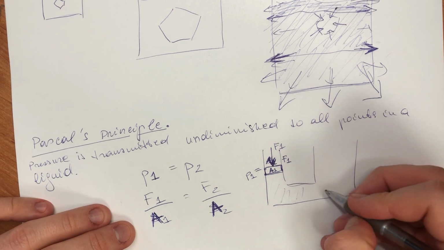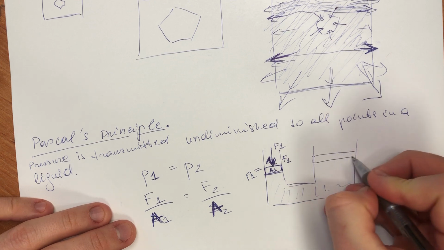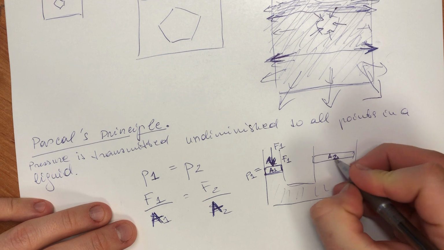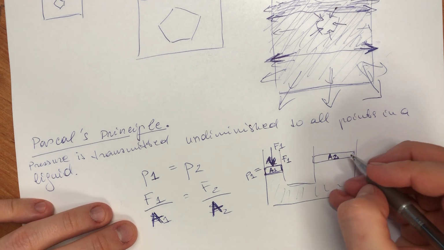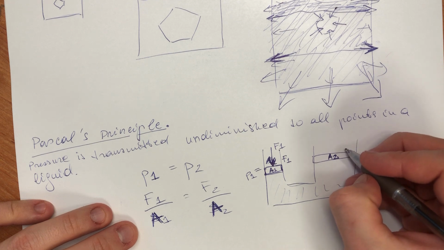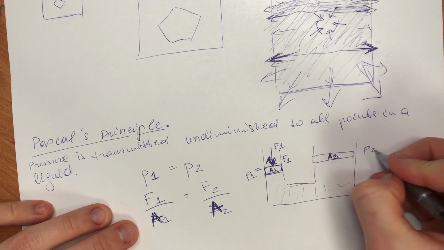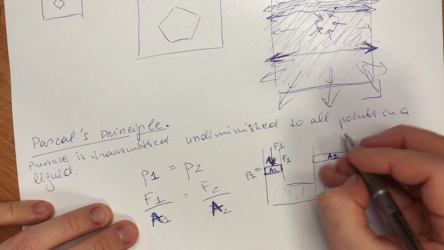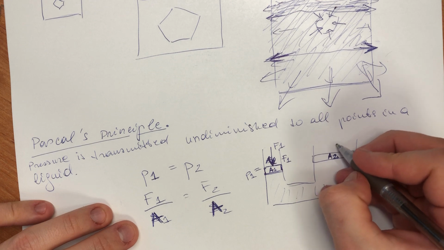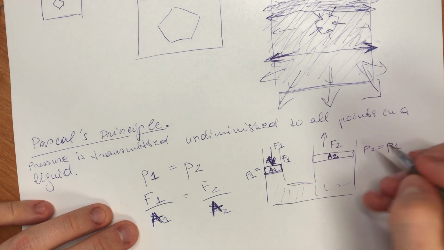Through this liquid inside, we have a large piston here, which has a large surface area A2, and therefore P2 is the same as P1. Since pressure is the same, the force has to be different, F2 should be bigger.